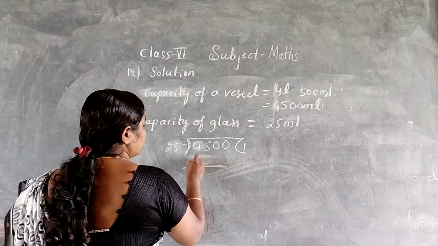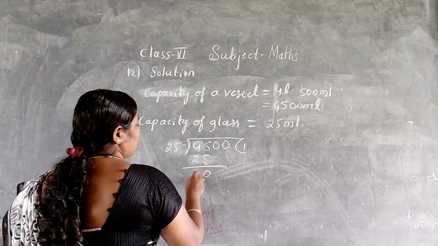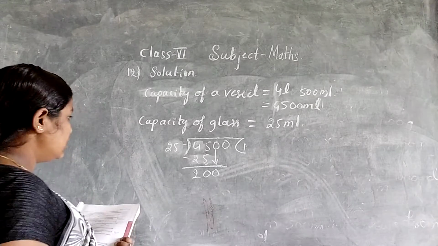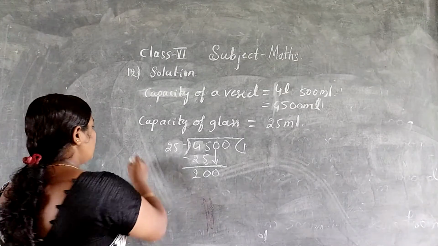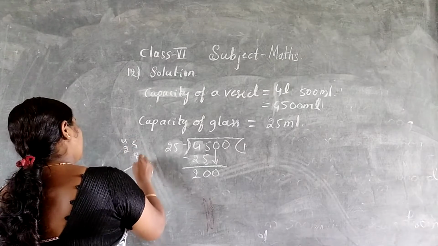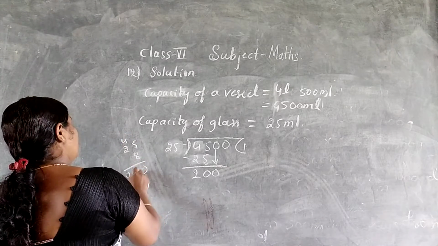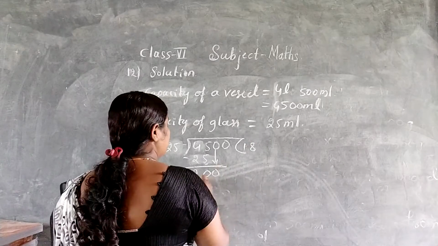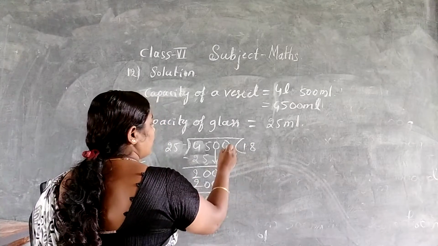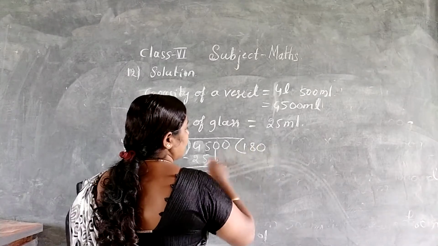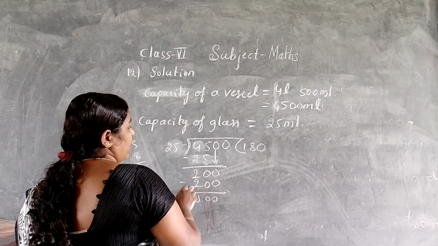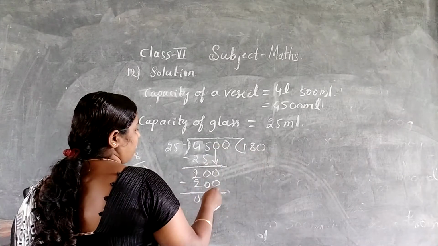So 25 ones are 25, then 0, 2, take the next. 25 8s are 200. One more 0 is remaining, let's send it to the quotient. So 25 ones are 25, 25 80s are 2000.